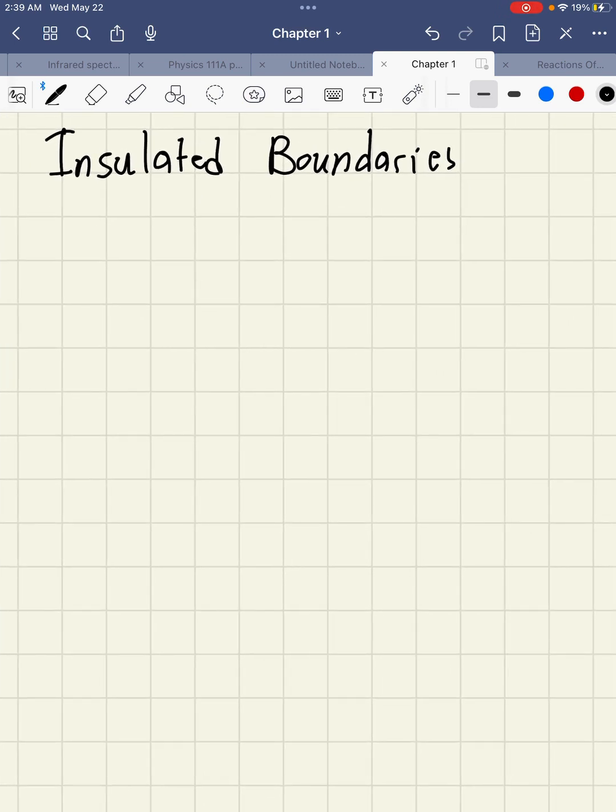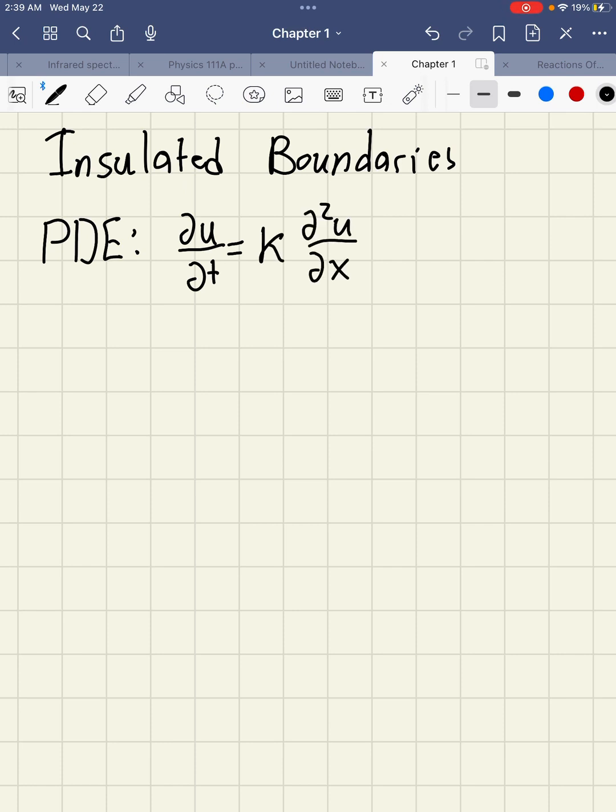Now, let's go to the insulated boundaries. In our insulated boundaries, all types of PDEs consist of the PDE equation, the boundary condition, and the initial condition. So our PDE we're going to write as partial u partial t equal to k times partial squared u partial x squared.